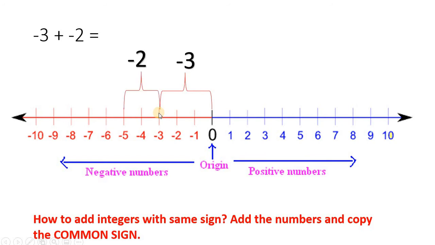And then we add to the left again, because our integer is negative. So, using the number line, the answer is negative 5. Negative 3 plus negative 2 is equal to negative 5. Don't forget, when we add integers with same sign, just add the numbers and then copy the common sign.